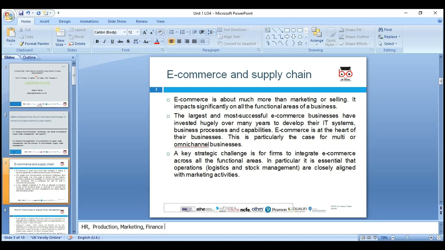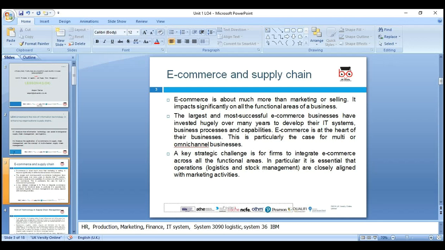The largest and most successful e-commerce businesses have invested hugely over many years to develop IT systems. There are many IT systems, like the IBM systems, System 3090 Logistic, System 36.